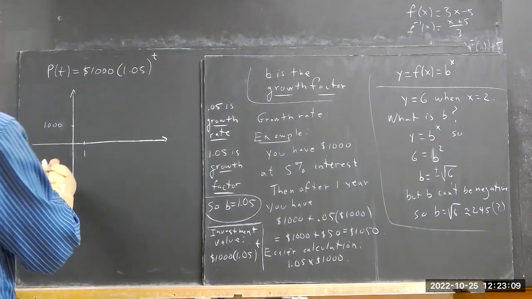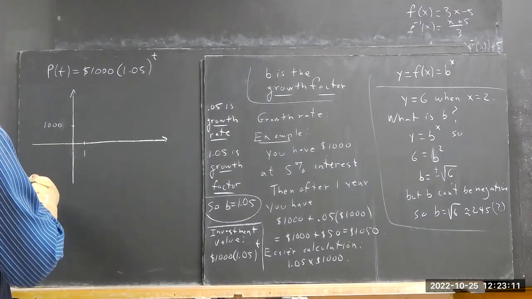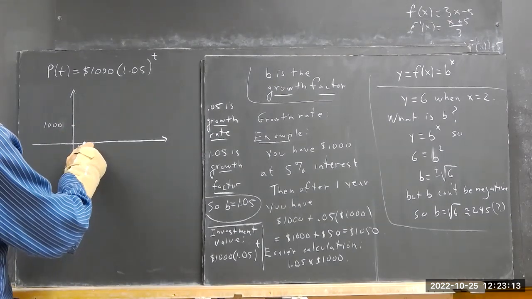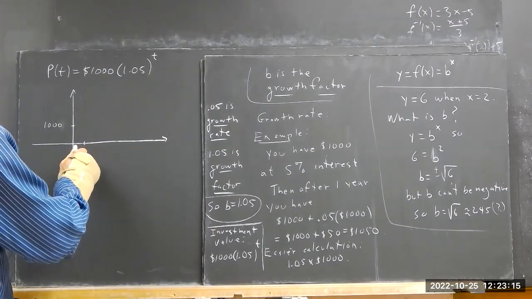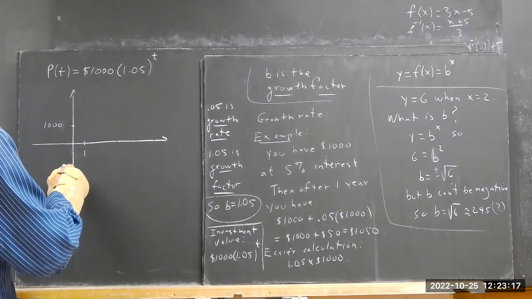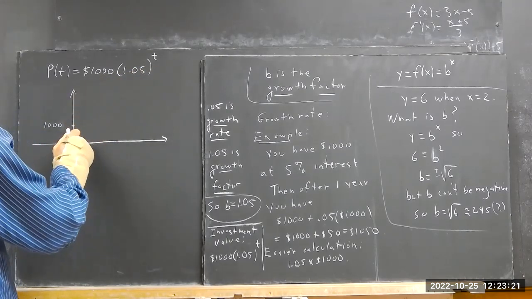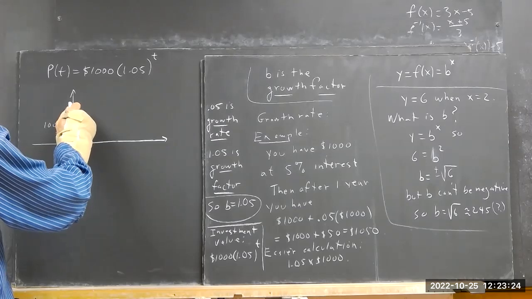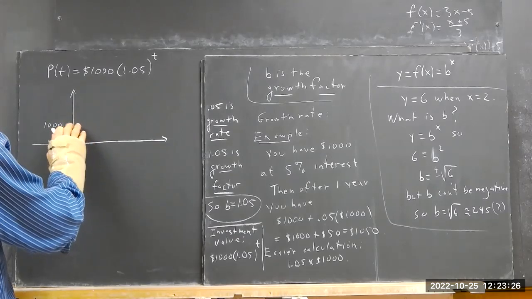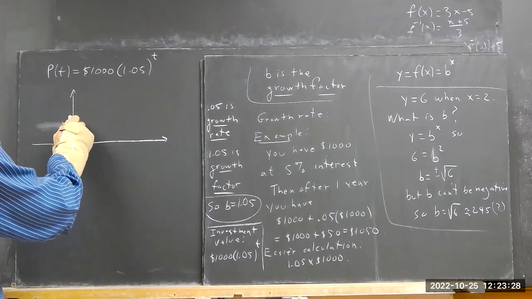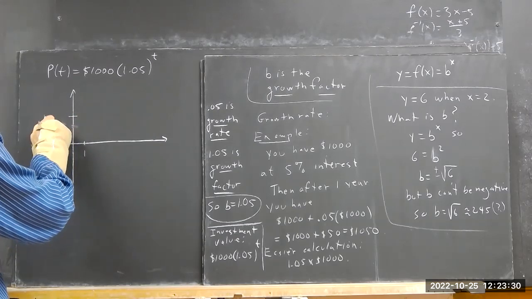Okay, so we have $1,000, and here's one. Okay. When t is 1, this is going to be 1,050. Now, if there's thousands here, I'm going to put 1,000 here.